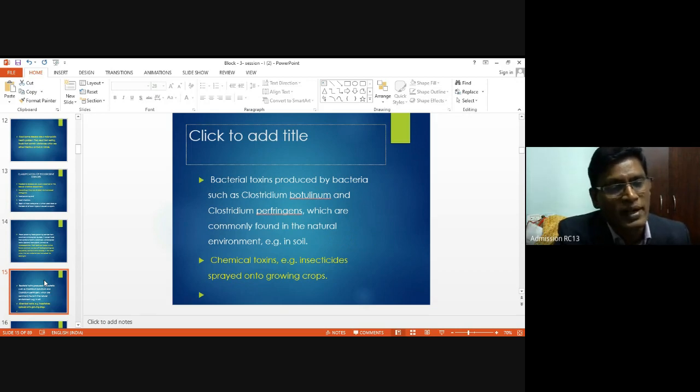These bacterial microbes present in the soil can cause problems in food, and subsequently cause health effects in human beings.